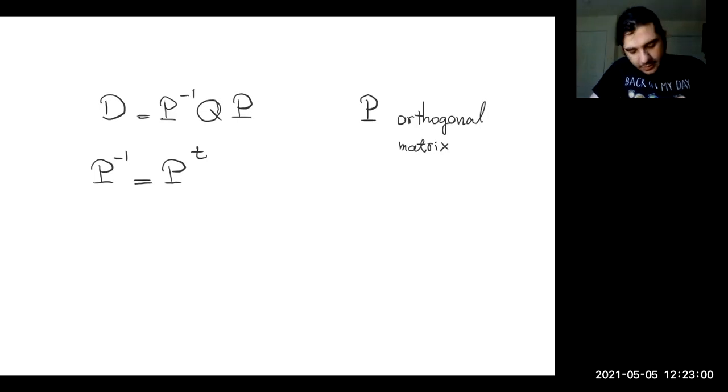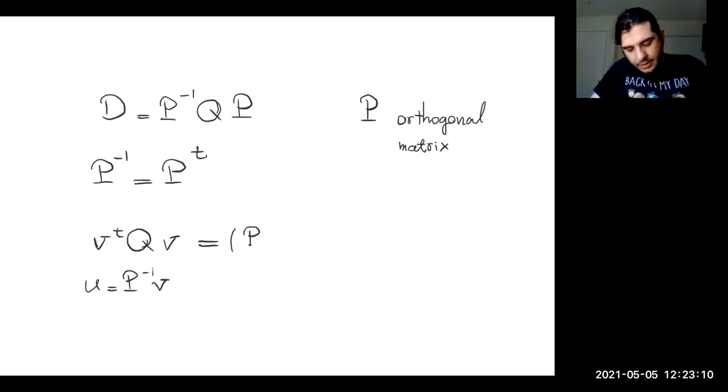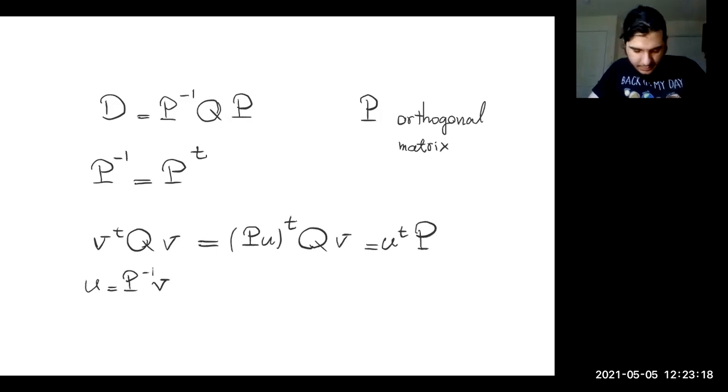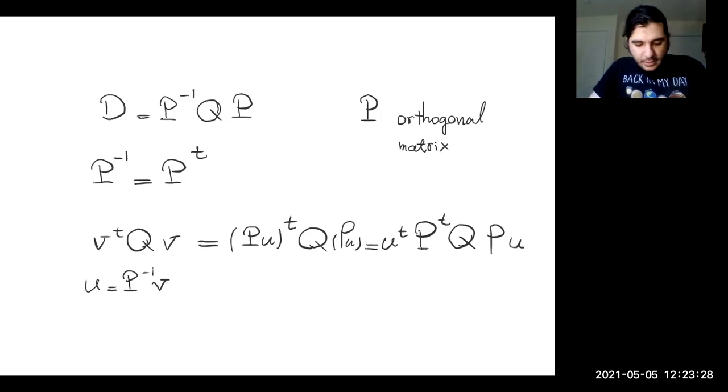Here we have v transpose Q v, and if we define u to be P inverse v, we get (P u) transpose Q P u, which is u transpose P transpose Q P u. Since P transpose is equal to P inverse, this thing is our diagonal matrix in the middle.